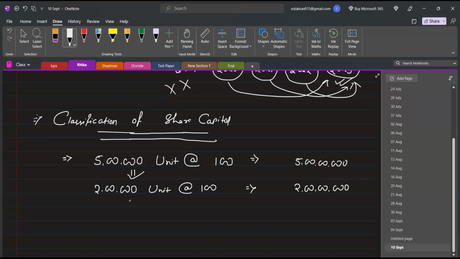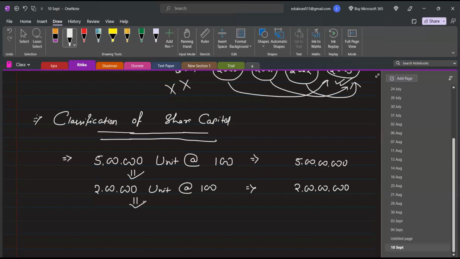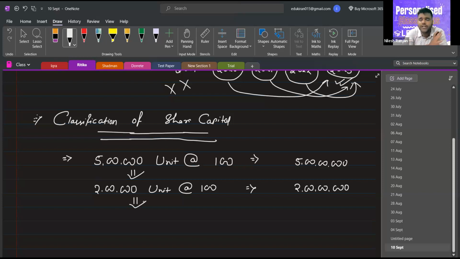Okay. Now there can be a chance that these 2 lakh units can be sold, or there can be more orders. Yes, sir. Like more than 2 lakh units, then they have to bring more from their storage, but we are taking only 2 lakh units. Okay.